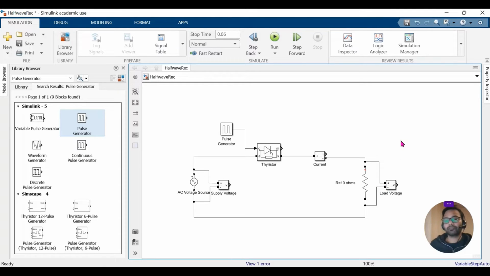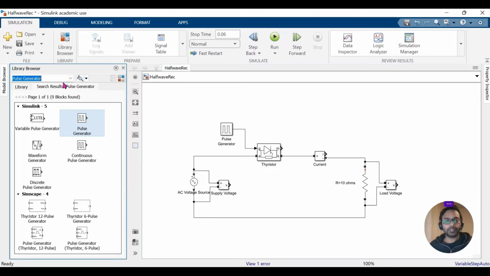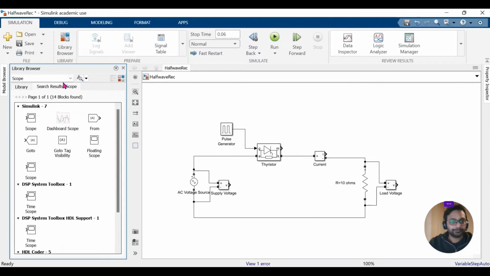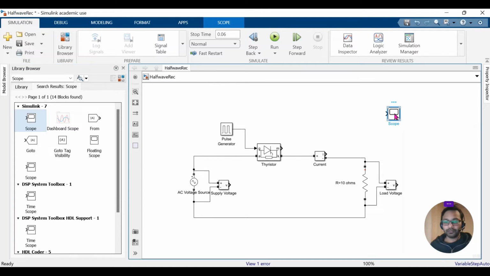Now I will need to display the values, so I'm going to use a scope to display the waveforms. I want to display the voltage, the current, and the pulse generator output. So I will need 3 inputs.